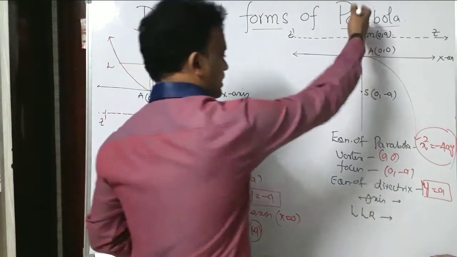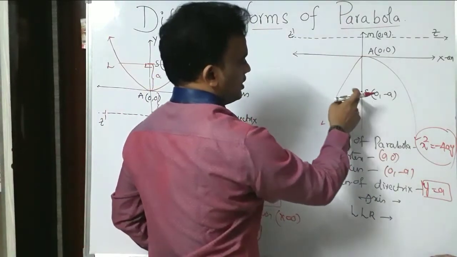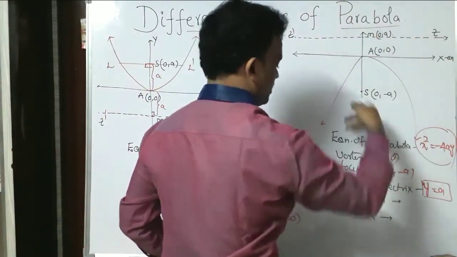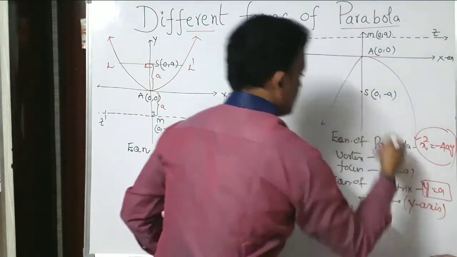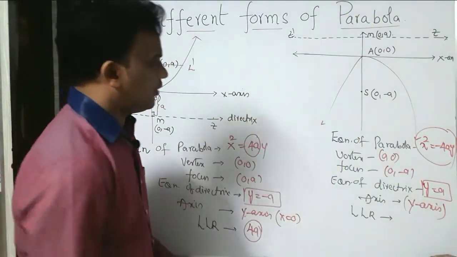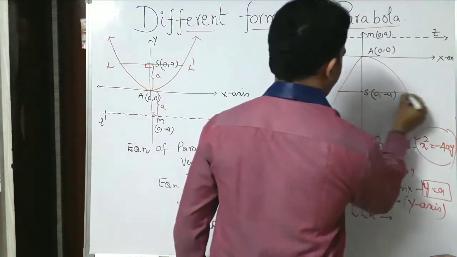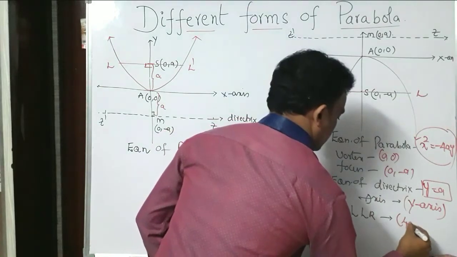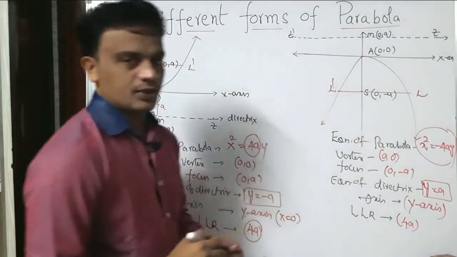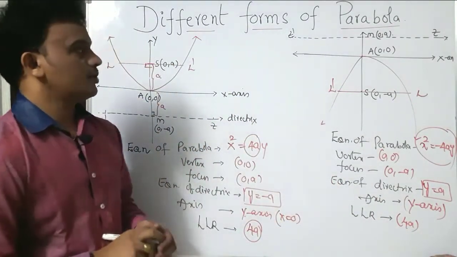And what is the axis of the parabola? It passes through the focus, perpendicular to the directrix, which is the y-axis in this case. And of course, the length of the latus rectum, L dash, is 4a. So this is about the different forms of the parabola.